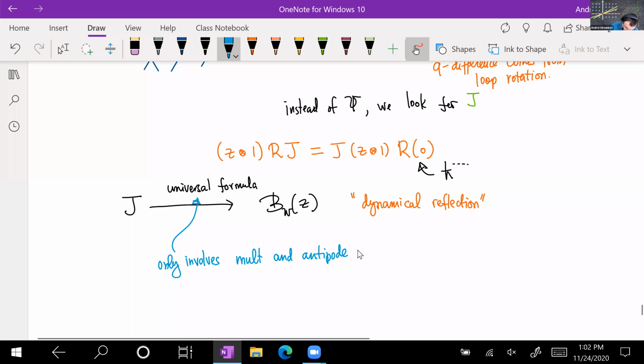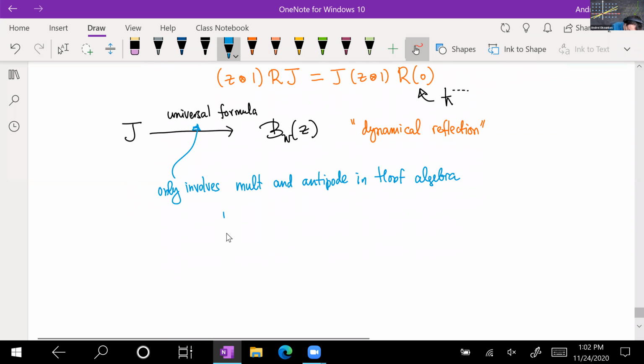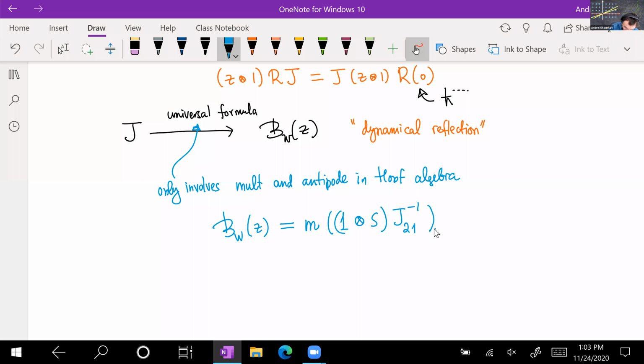And I think something like that has the form BW of Z. I believe, it's been a while since I was on top of this formula, but I think you take multiplication of one tensor antipode, and then you put T, and then to one inverse, something like that.